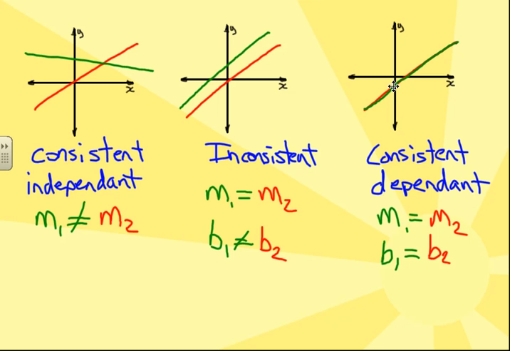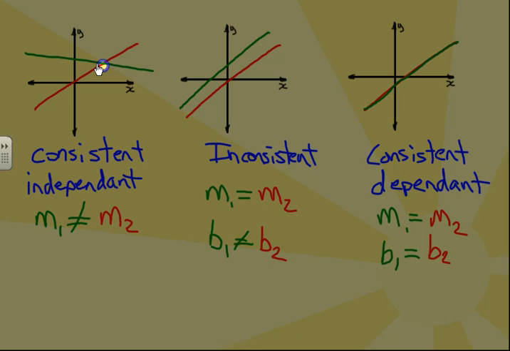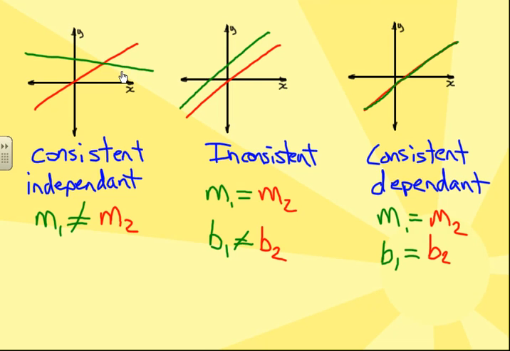Now, the last part to these types of systems is how many solutions are there? Now, all a solution is how many times do the lines touch? This one touches once, so it has one solution. The two parallel lines in the inconsistent system will never touch, so there are no solutions.